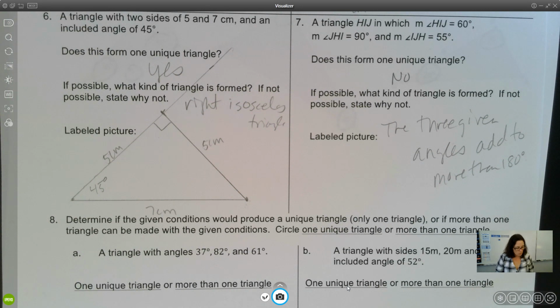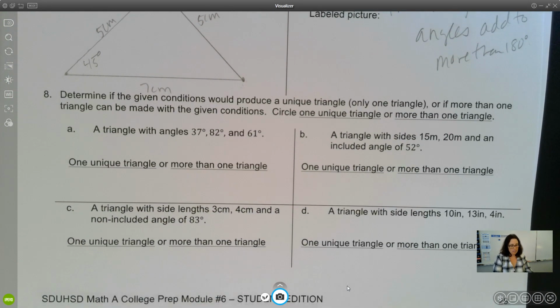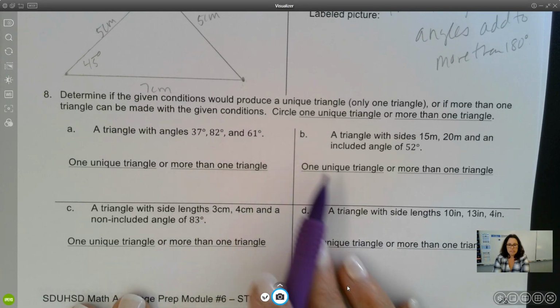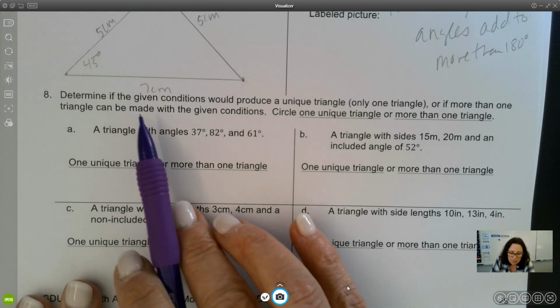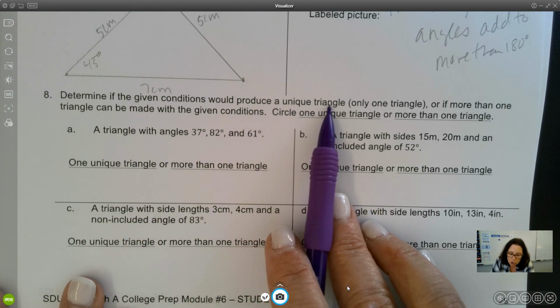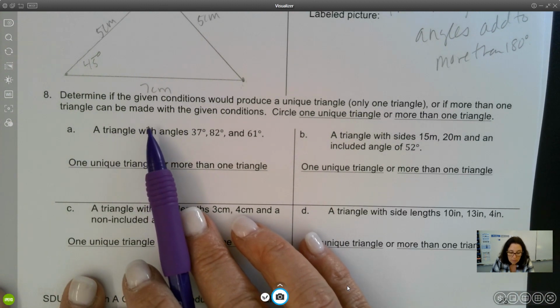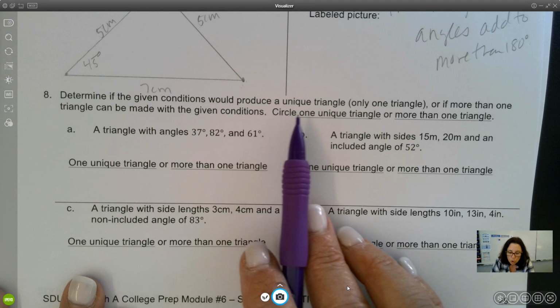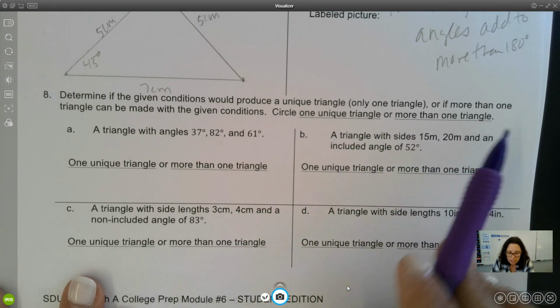Okay, let's do that last number 8. You are going to see questions on your quiz like this. Determine if the given conditions would produce a unique triangle, only one triangle, or if more than one triangle can be made with the given conditions. Circle one unique triangle or more than one triangle.